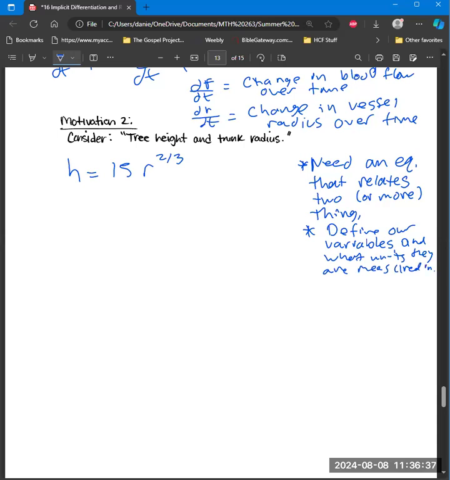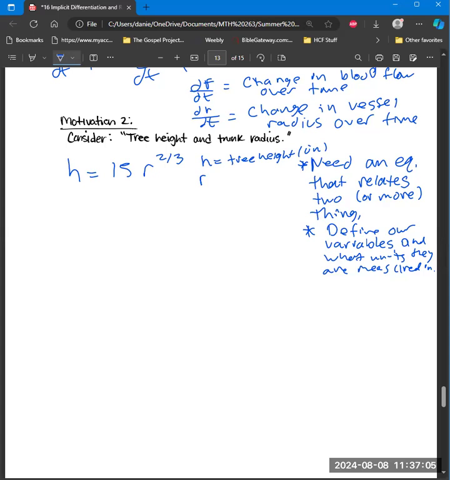Always important in word problems to answer in terms of units. So in this case, h is equal to my height of a tree, say tree height, and that's going to be in inches here.